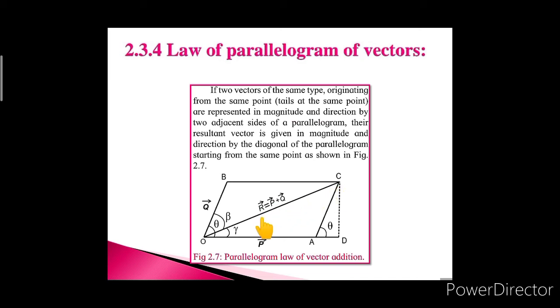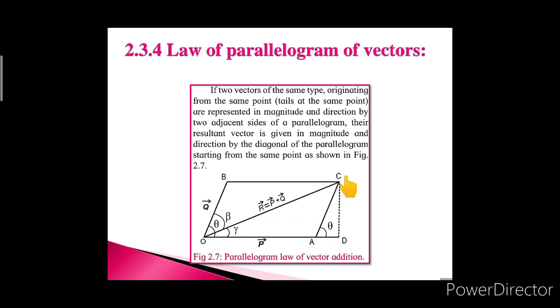When we complete the diagram, in the triangle OAC, vector P is added with the vector Q, as side AC is parallel to side OB.